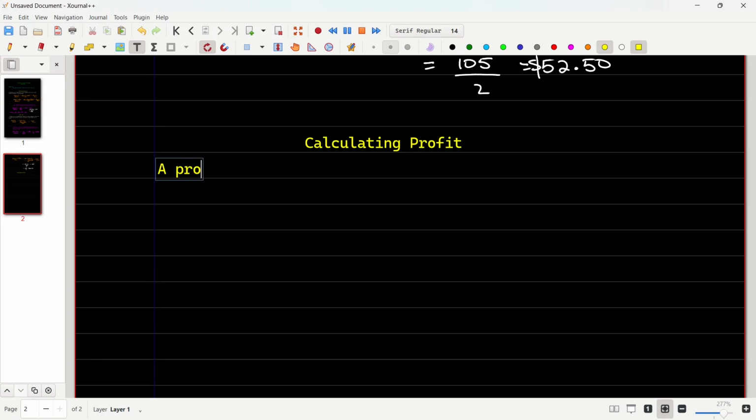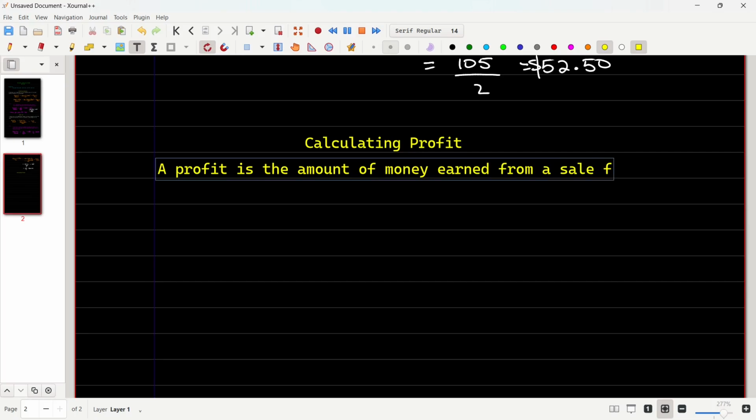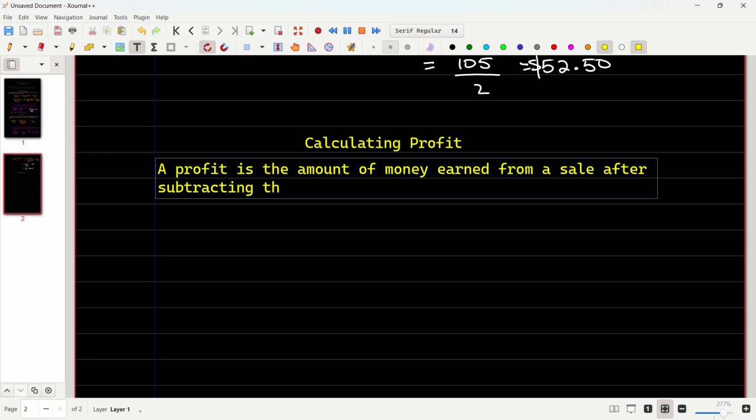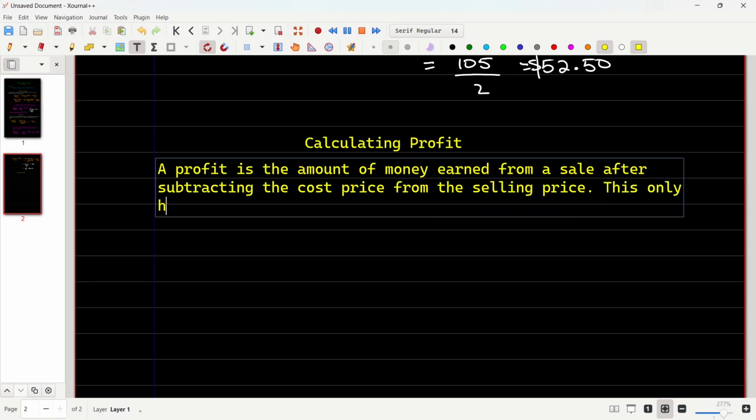So a profit is the amount of money earned from a sale after subtracting the cost price from the selling price. And this only happens when the selling price is greater than the cost price.